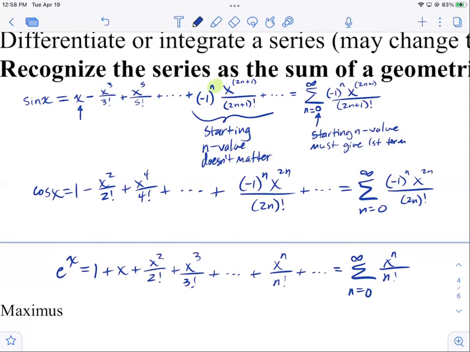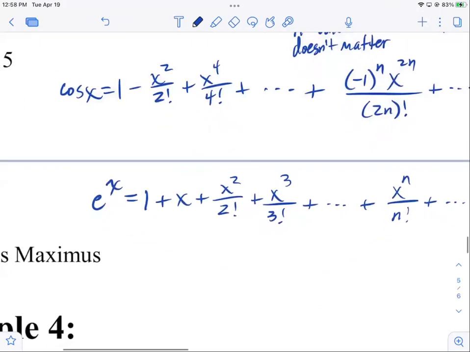Yeah, but it's harder to adjust the rule of sequence than it is to just start at a different value for n. All right, so those are the 3 that you need to memorize right now. Without the sigma, that's how we write the general term or the nth term.